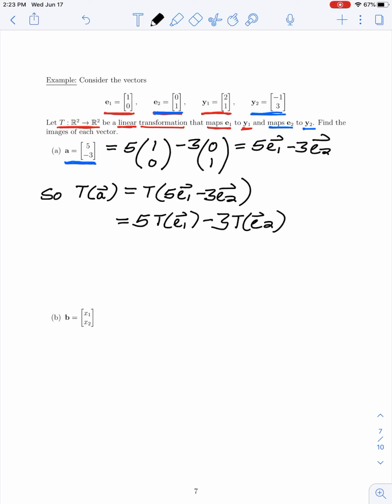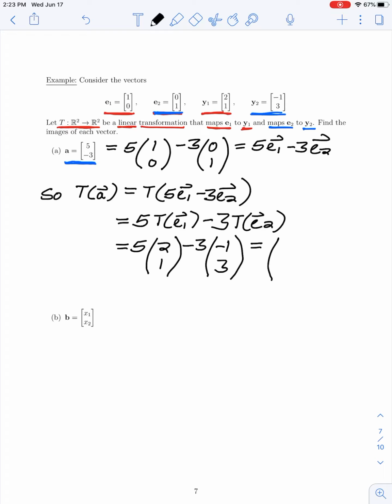But we know the images of these vectors E1 and E2. They were Y1 and Y2. So here we'll have 5 times the transform of E1, which was the vector Y1, which was (2, 1), minus 3 times the image of E2, which was the vector Y2, which was (-1, 3).